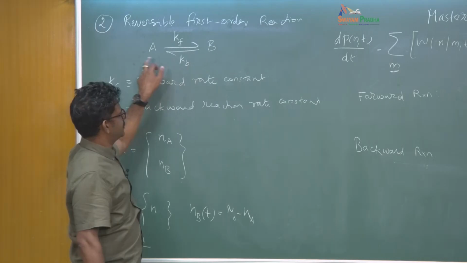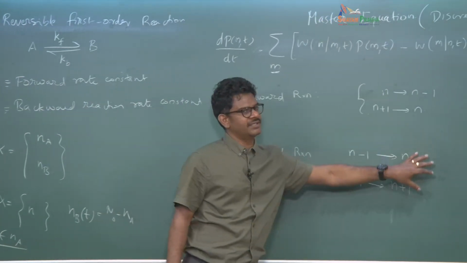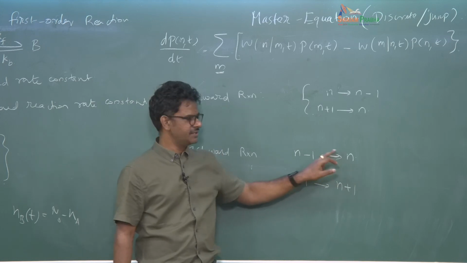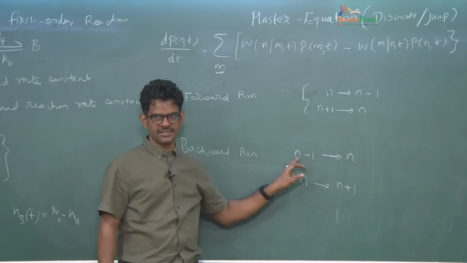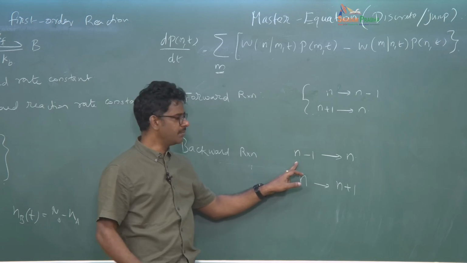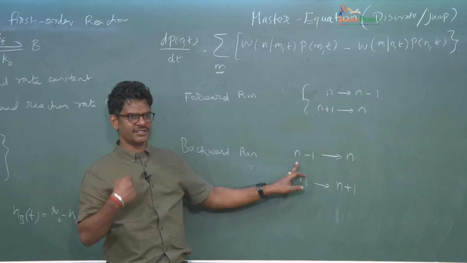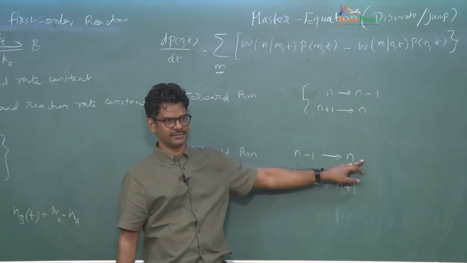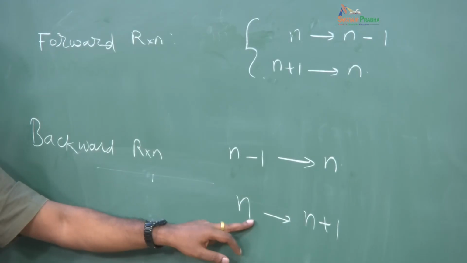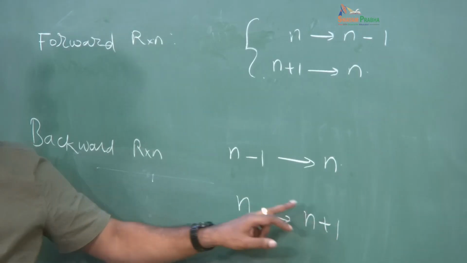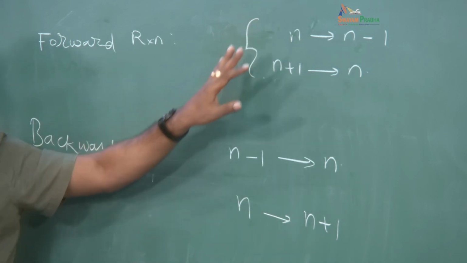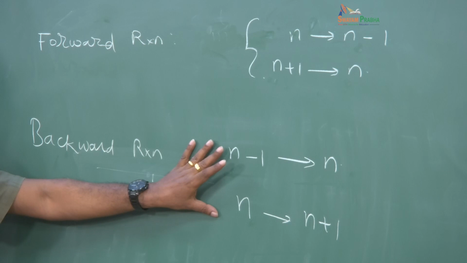So in the backward reaction, if I look at the processes that affect the state of n, one of them is this: you can have n minus 1 A molecules, one backward reaction will put one more A, so that becomes n. Now when the system is currently at n, one backward reaction will put one more molecule, and it will become n plus 1. So this is creating, this is destroying, just like how we found in the forward reaction. Similarly for the backward reaction also this happens.